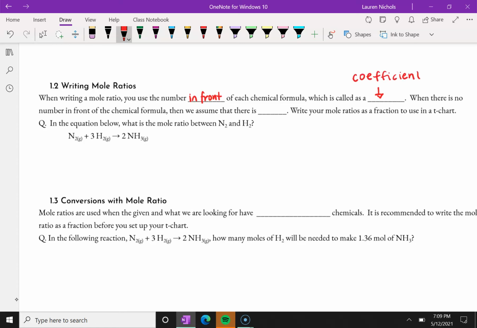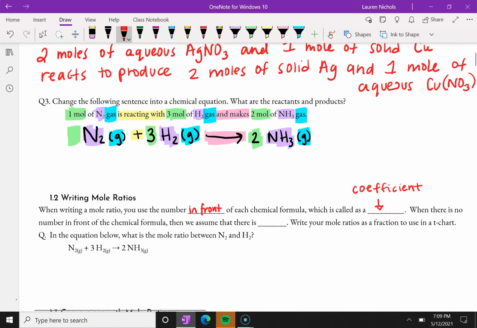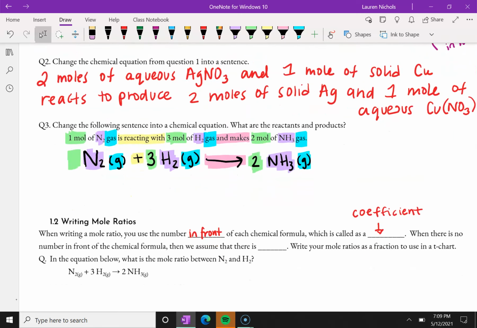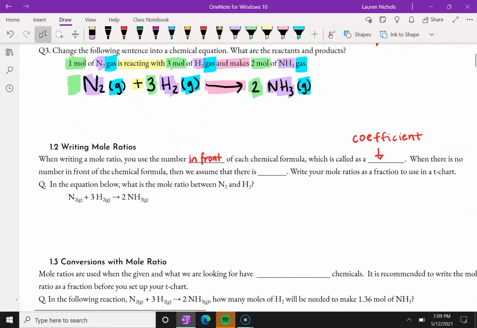So it's called a coefficient, and we already talked about that. So those coefficients in front of our chemical formulas, which again are these highlighted in green in this question 3. And when there is no number in front of the chemical formula, we assume that there is a number 1, right?